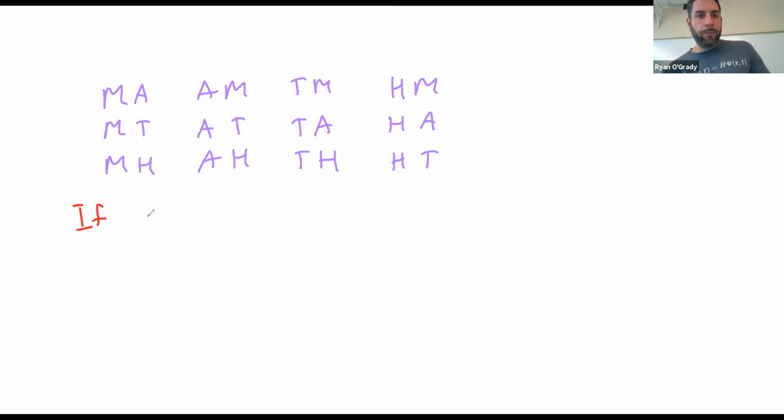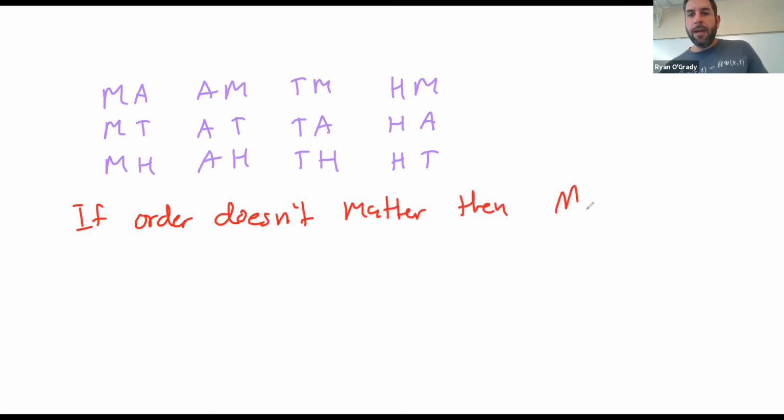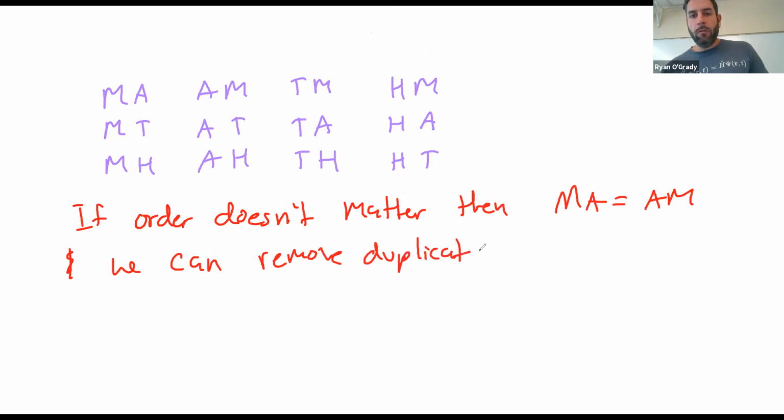So if order doesn't matter, then MA is the same thing as AM. And we can remove the duplicates.